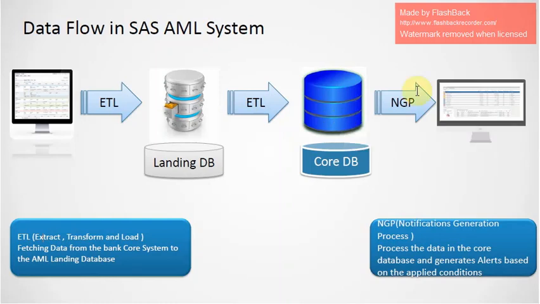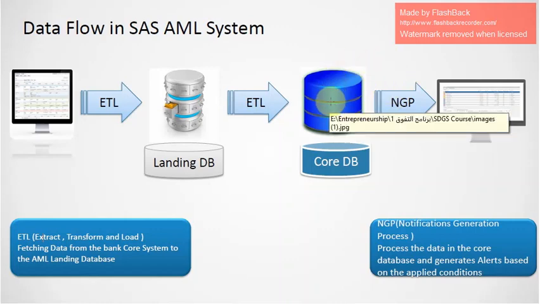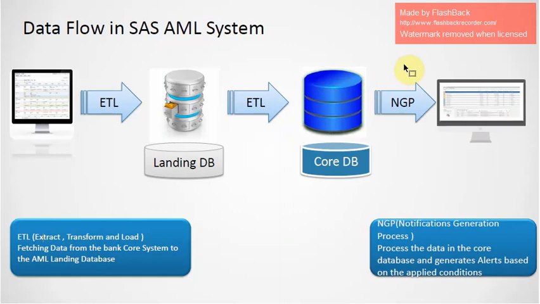So if a match is found, for example, if I apply some rule on certain columns stored in a certain table here, and I find matches, I'll generate a notification and output it here in the AML portal or the AML system.